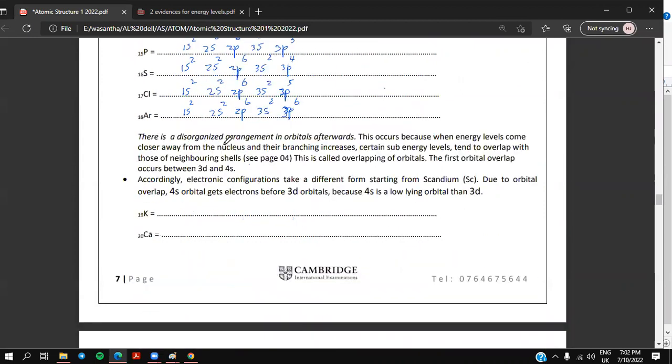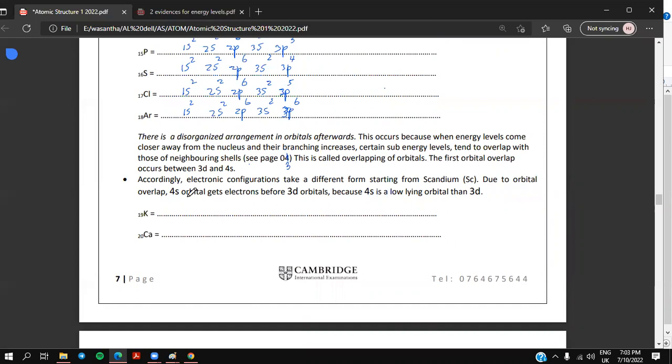There is a disorganized arrangement in orbitals afterwards. This occurs because when energy levels come closer away from the nucleus and their branching increases, certain sub-energy levels tend to overlap with those of neighboring shells. See page 3, not 4. This is called overlapping of orbitals.